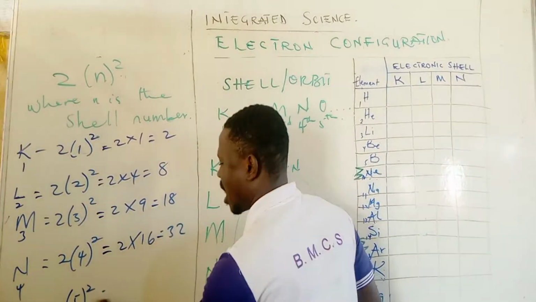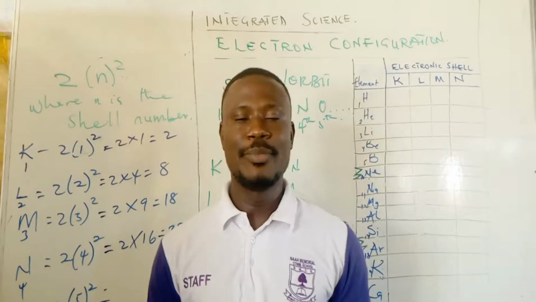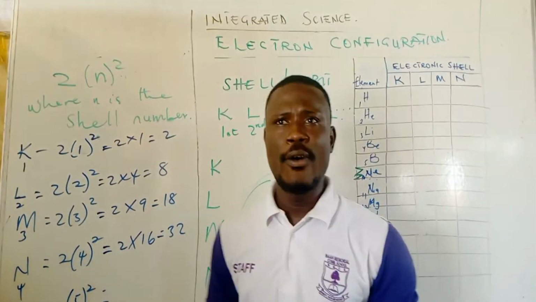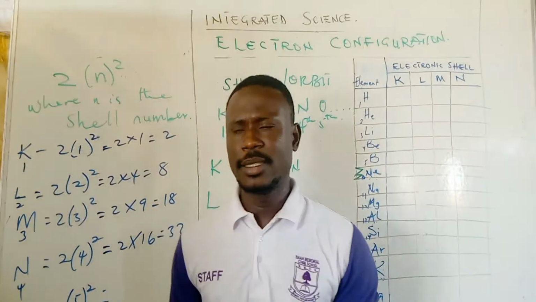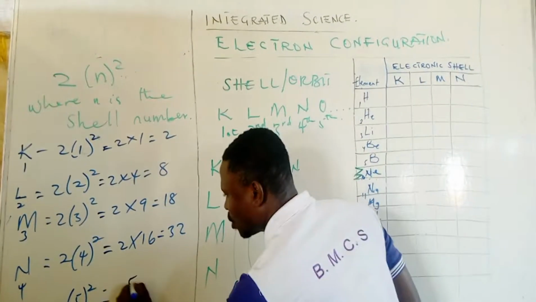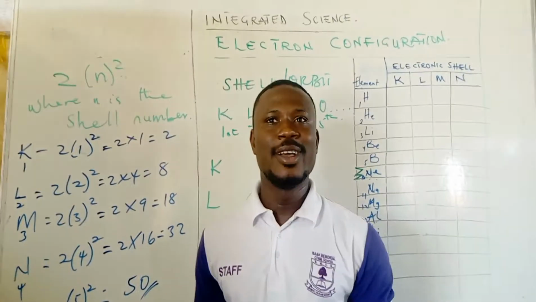But rightly, if you do it, you are going to have 50 as the maximum number of electrons. So this means that K shell can contain 2 electrons, L contains 8, M contains 18, N 32, and O 50 in that regard.